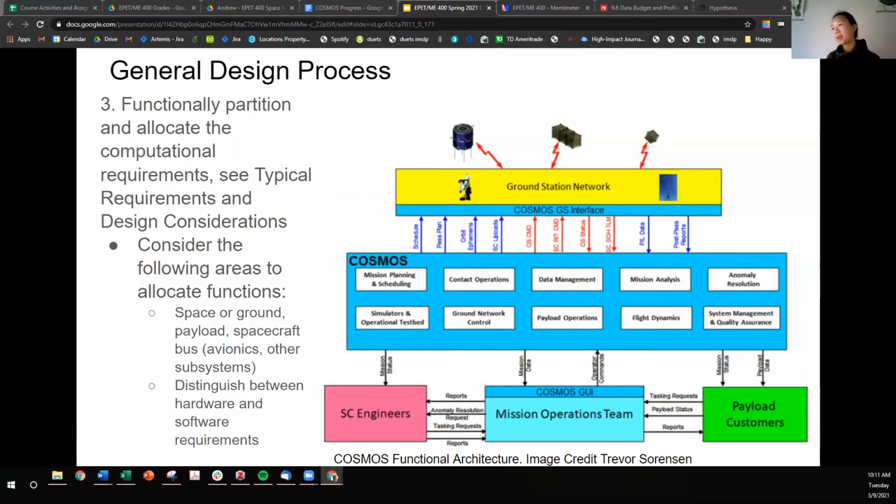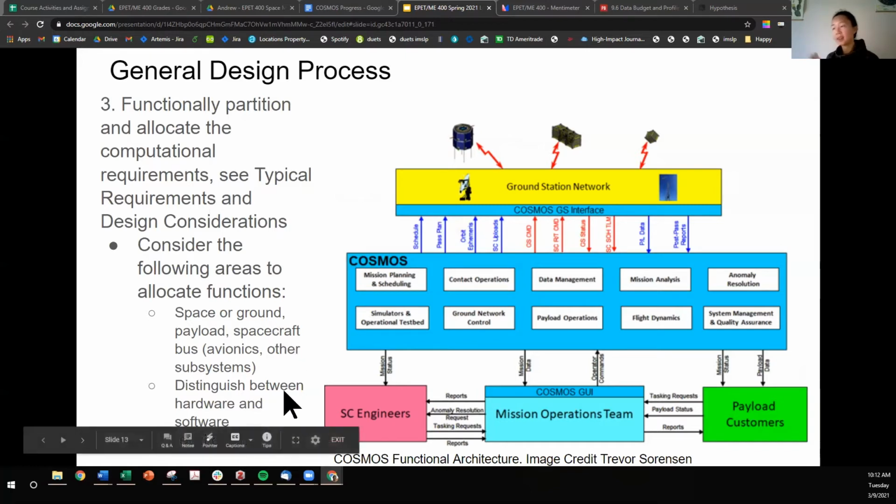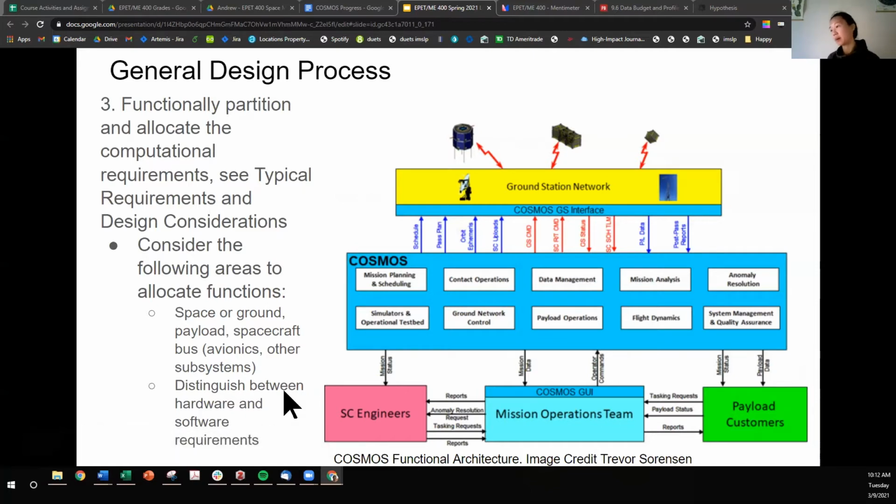So this could manifest as the functions and requirements between the spacecraft bus, the payload, space and ground, and you can specify in these subsystem requirements hardware and software requirements.